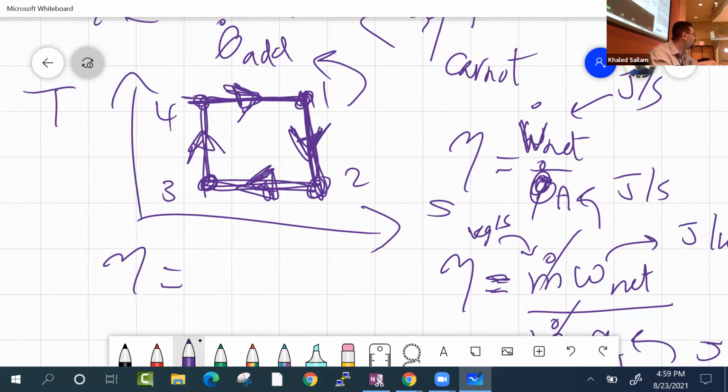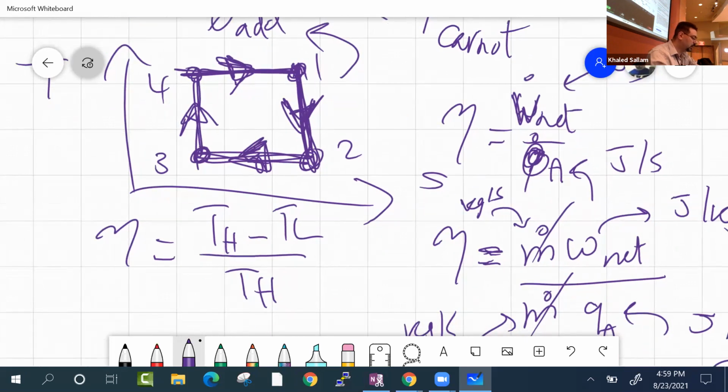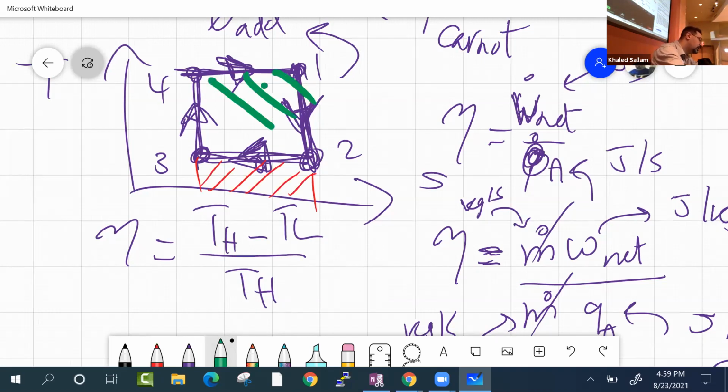That W over Q translates into TH minus TL over TH. Why? Because if you want to see QL, the heat rejected, it's basically this, and if you want to see QH, the heat addition, it's this.